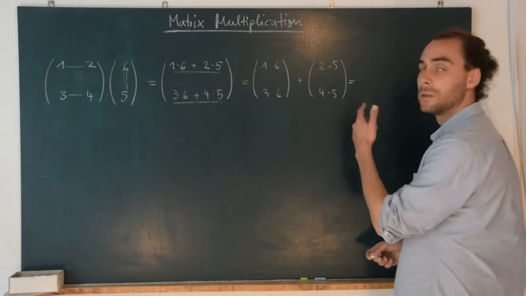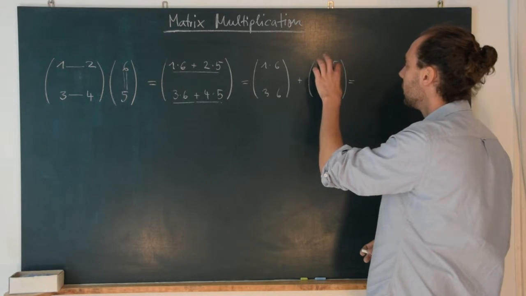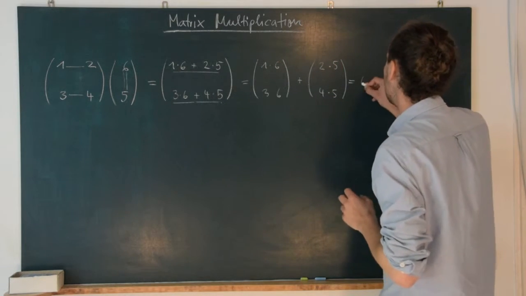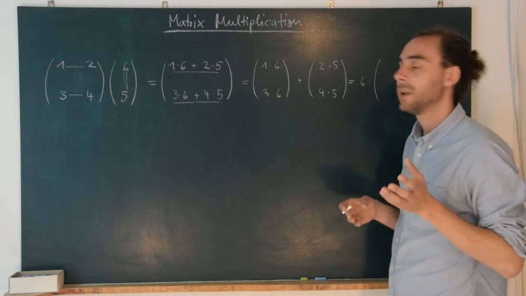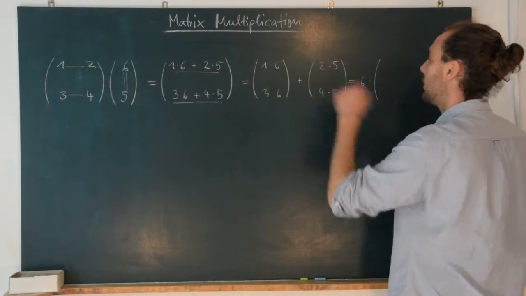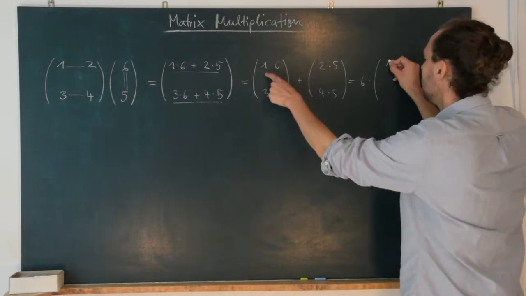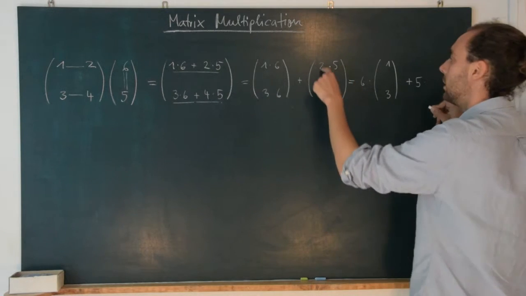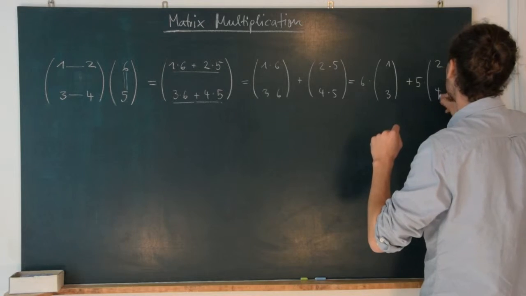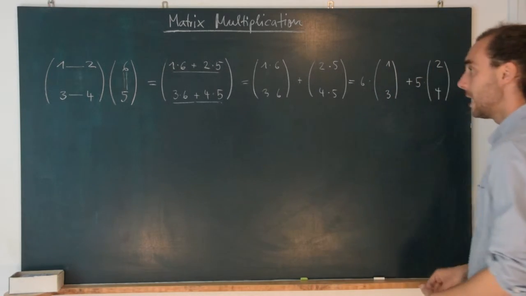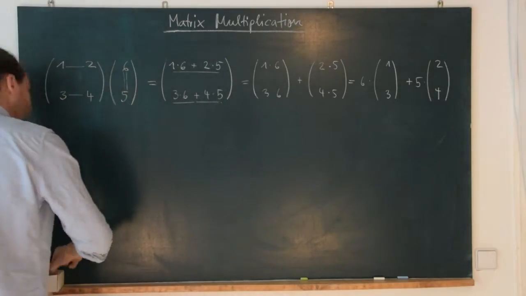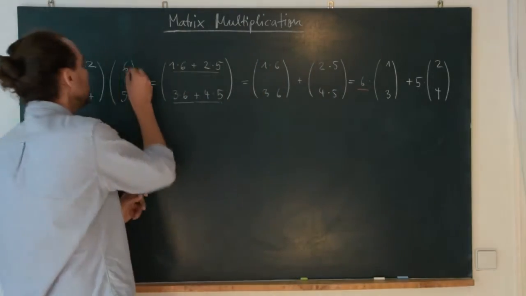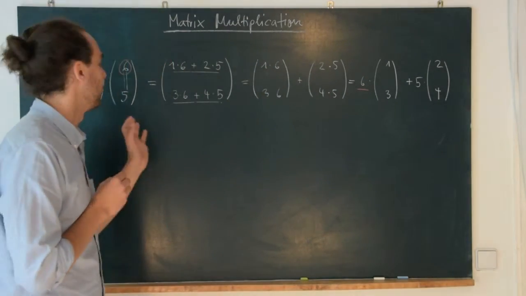And now what else we can do is pull these numbers, the 5 and the 6, in front of the vectors, because that's how you multiply vectors with scalars. So the first vector is 6 times (1, 3), and the second vector is 5 times (2, 4). So we get this, and now we see that the first scalar is the first entry of our vector.